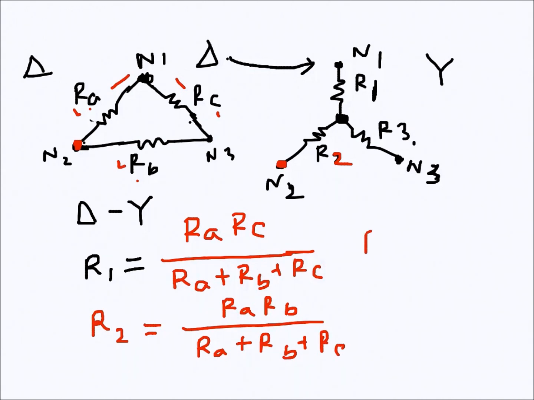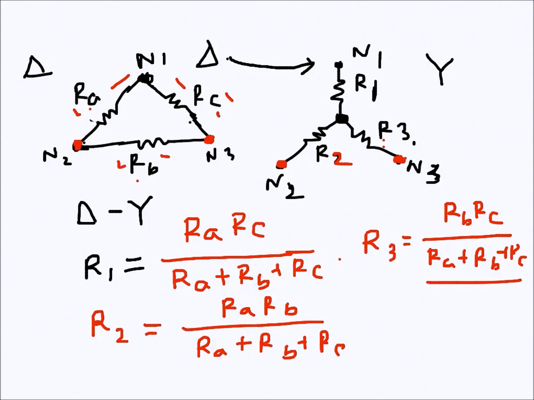And then R3, finally, is connected to node 3. So R3's value will be, N3 here is connected to RC and RB. So RB and RC over RA plus RB plus RC.